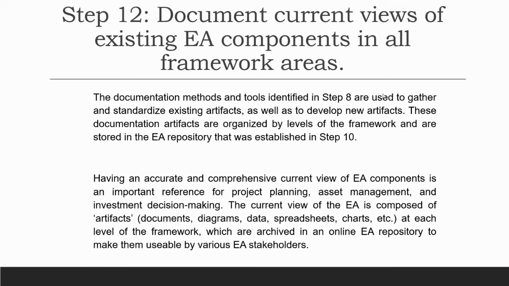To summarize, step 12 is all about creating new artifacts to complete the documentation of all current components. At each level of the framework, the present architecture comprises the EA components that currently exist inside the company. This is referred to as the as-is viewpoint of a business enterprise.